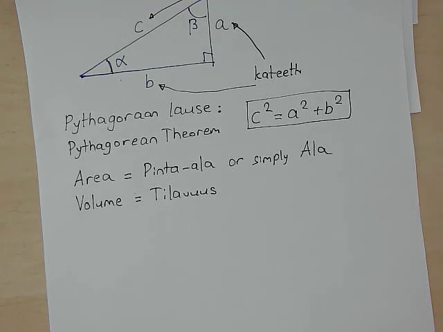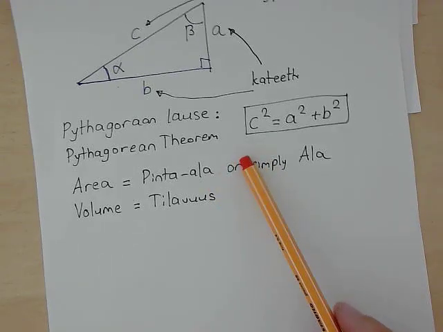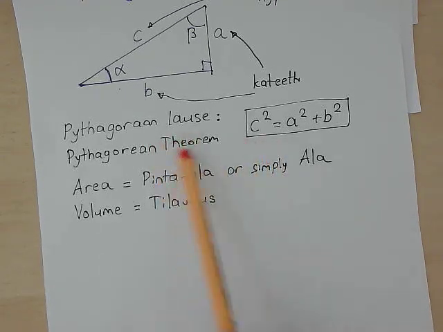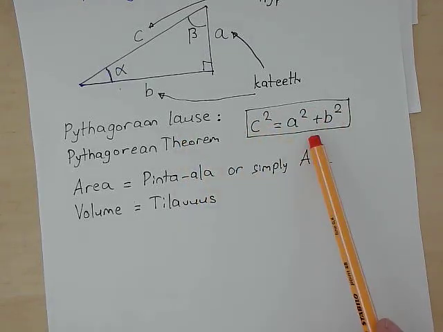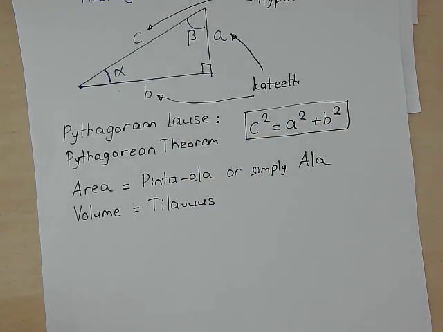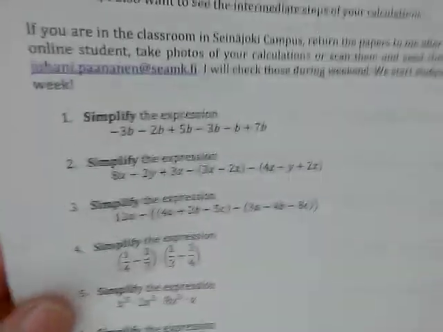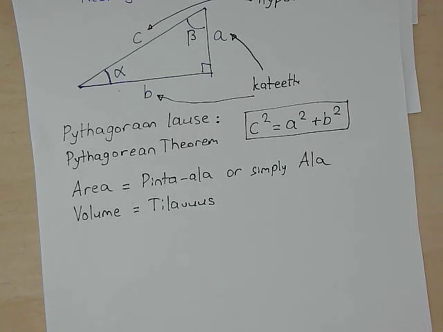Lause, and this is lause. Lause many times means some kind of formula, but expression or lauseke is just some kind of mathematical expression. Not any formula, but just anything. Almost anything can be said to be lauseke.